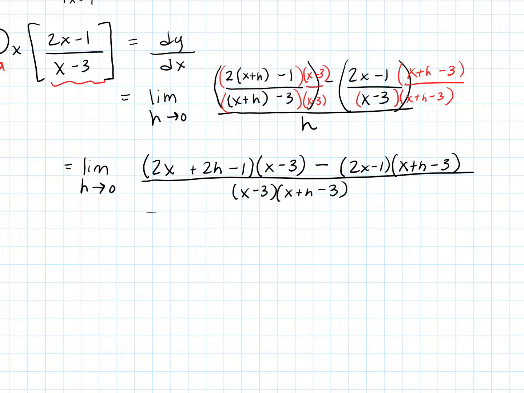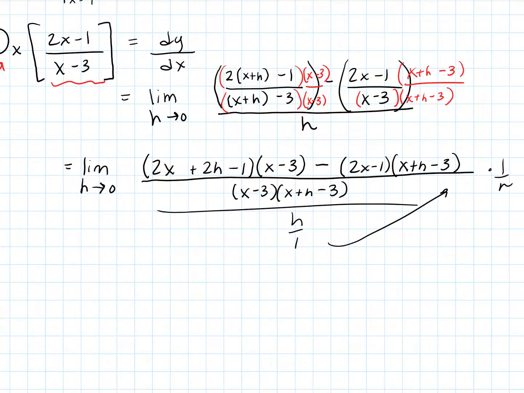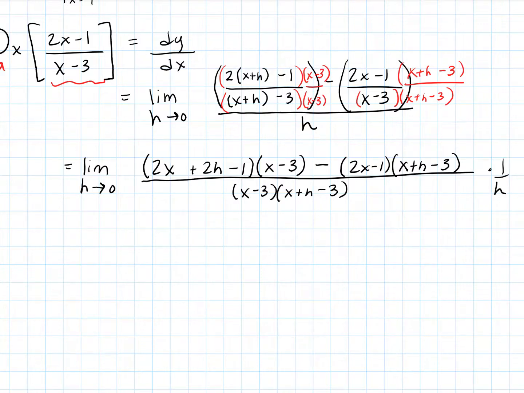And then we're dividing by h, but rather than writing division by h right there, dividing by h is the same as multiplying by 1 over h. Okay? And so I'm going to simplify that down on this line and erase this.